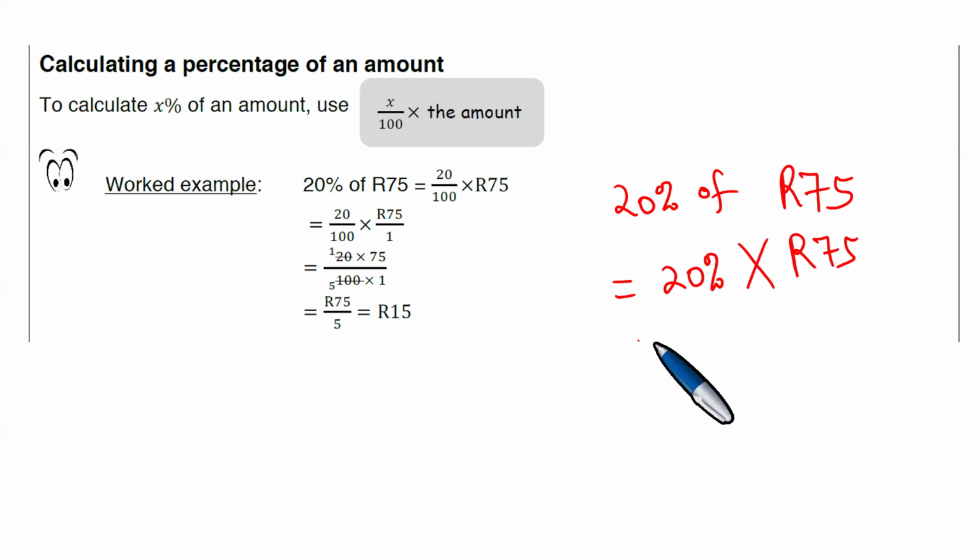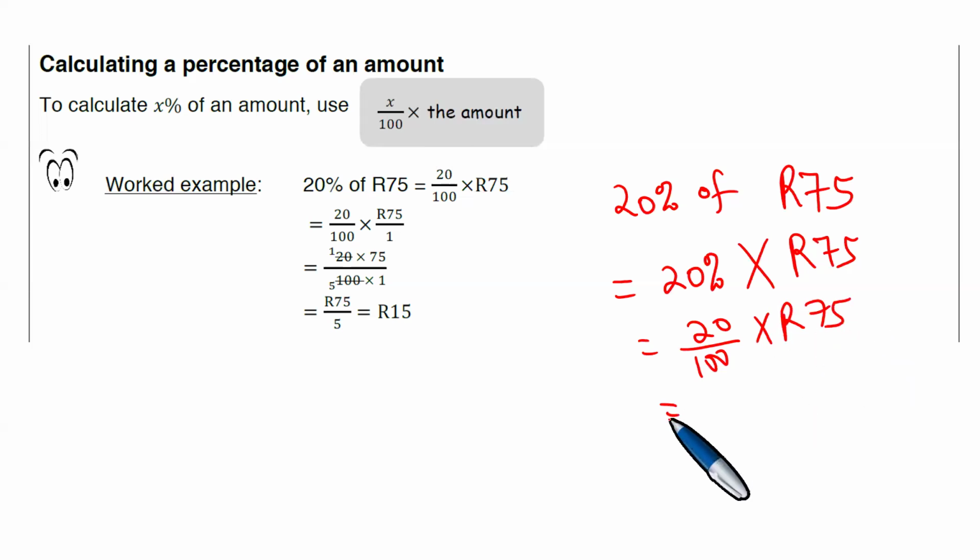What is 20%? It's 20 over 100 times 75. So yeah, we want to get the answer here with ease.